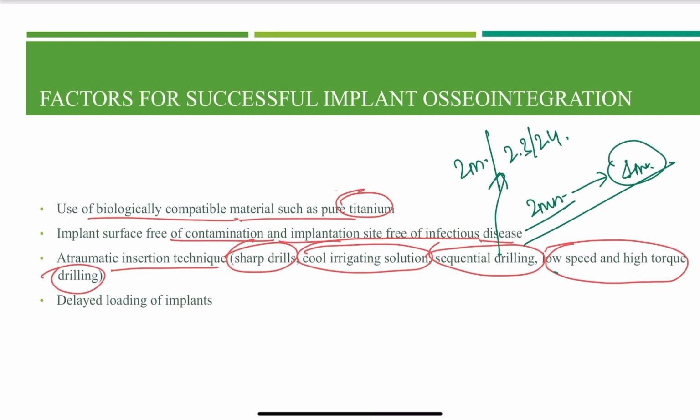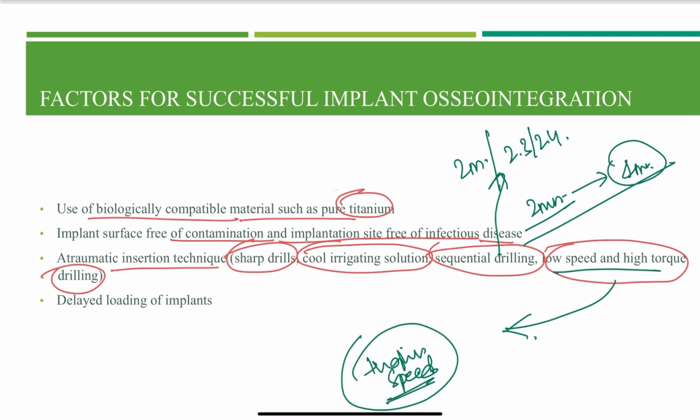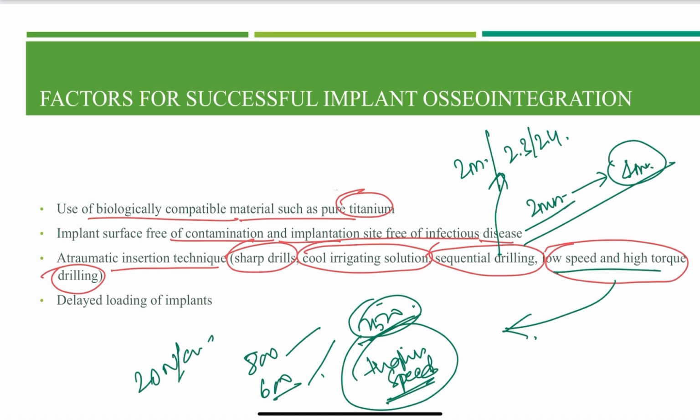Low speed and high torque, not always true, but yes, when you are placing your implants, the speed should be low and the torque should be high, but in certain cases you need higher speed. Higher speed doesn't mean 1 lakh rotations per minute. 2500 or something like that is considered high, and 800 or 600 is considered low, with 20 newton per centimeter torque.